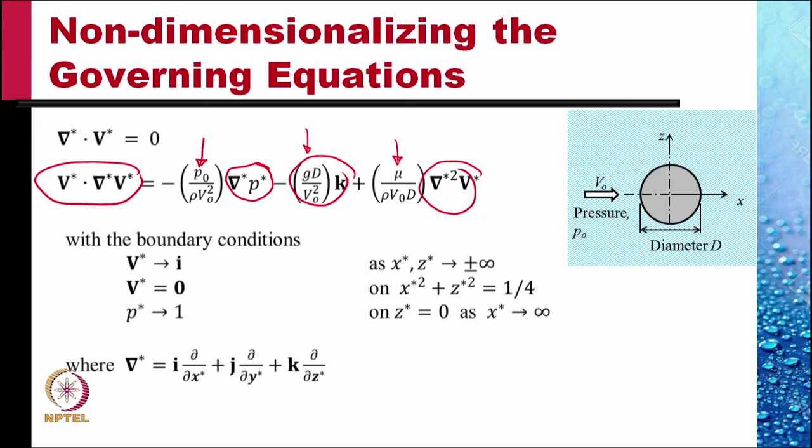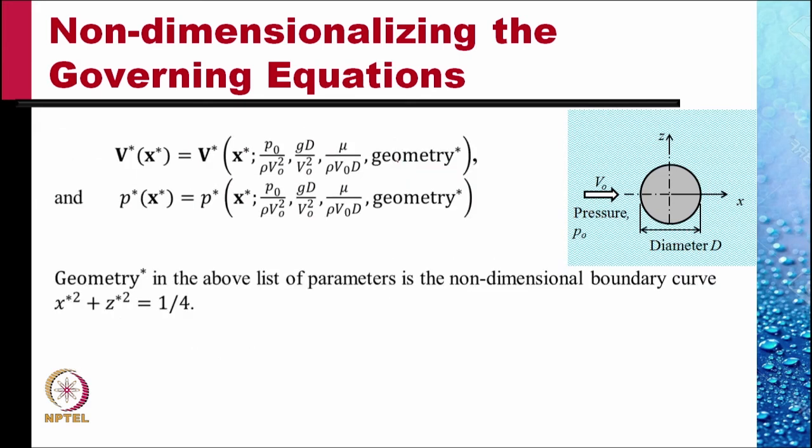Now you notice that there are only 3 groups of independent parameters: P naught by rho naught V naught square, G D by V naught square, and mu divided by rho V naught D. There are only these 3 parameters. So if we were to write the problem, it would be like this.